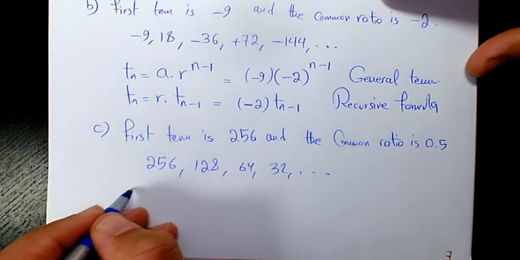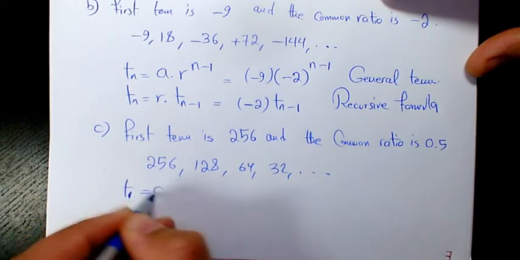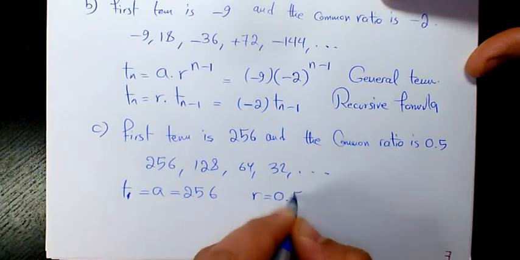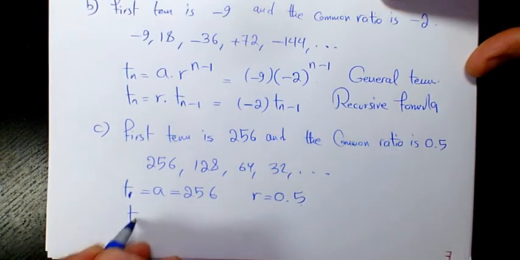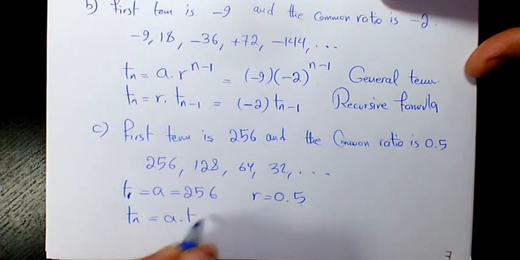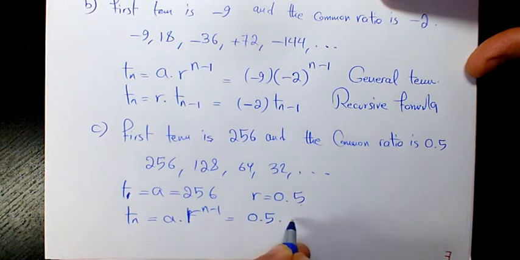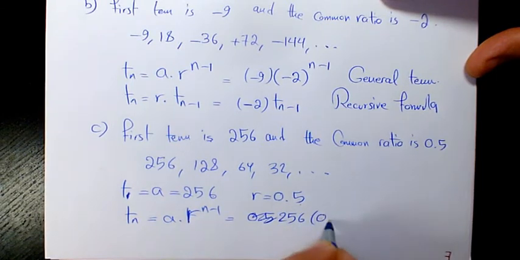So A, or T1, equals 256 and r is 0.5. So Tn equals A times r to the power of n minus 1. A is 256, so 256 times 0.5 to the power of n minus 1.